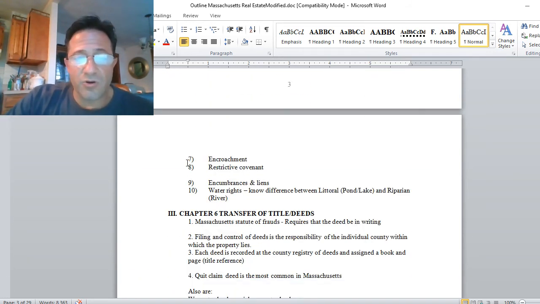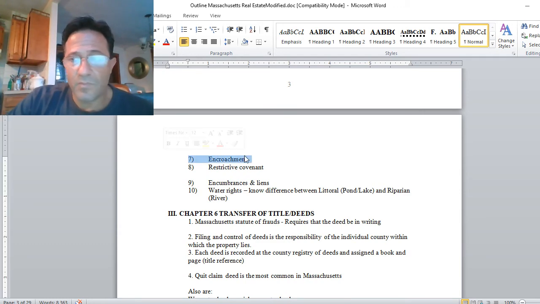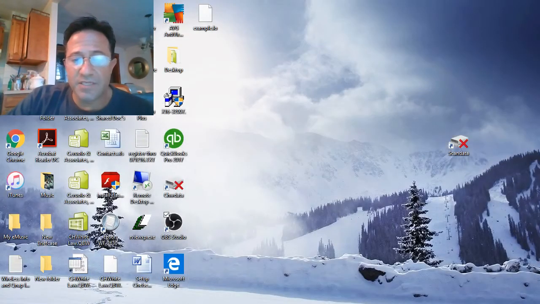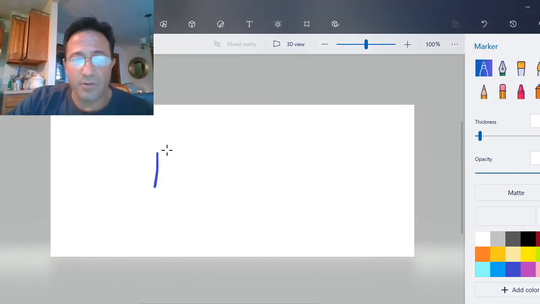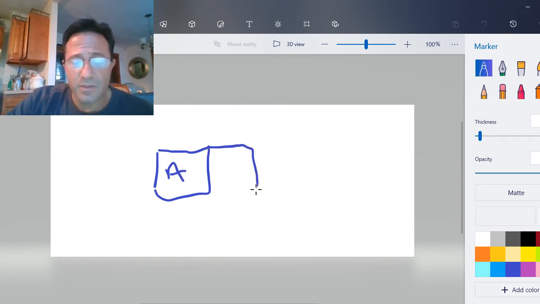Now, what's an encroachment? Well, what I usually do in this instance is I talk about a football scenario. So we have A here. An encroachment is just an infringement on another party's right to their real estate, okay? But A and B. Let's say that A has a tree and the limb goes over into B's property.